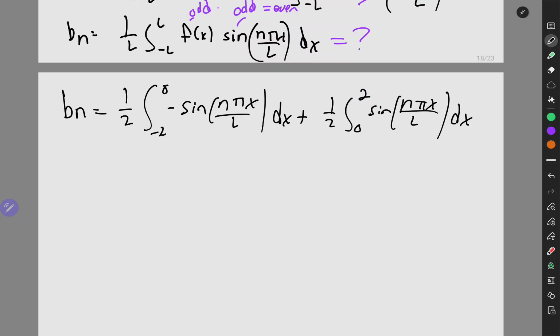That's a 2, by the way. Okay, and our length is 2 in this problem, so plug those in. Let's integrate. This isn't too bad.